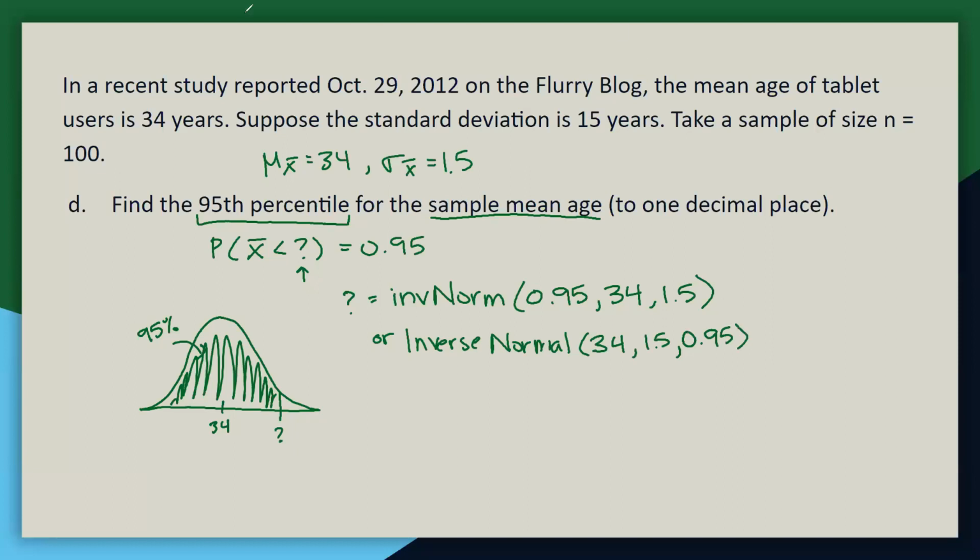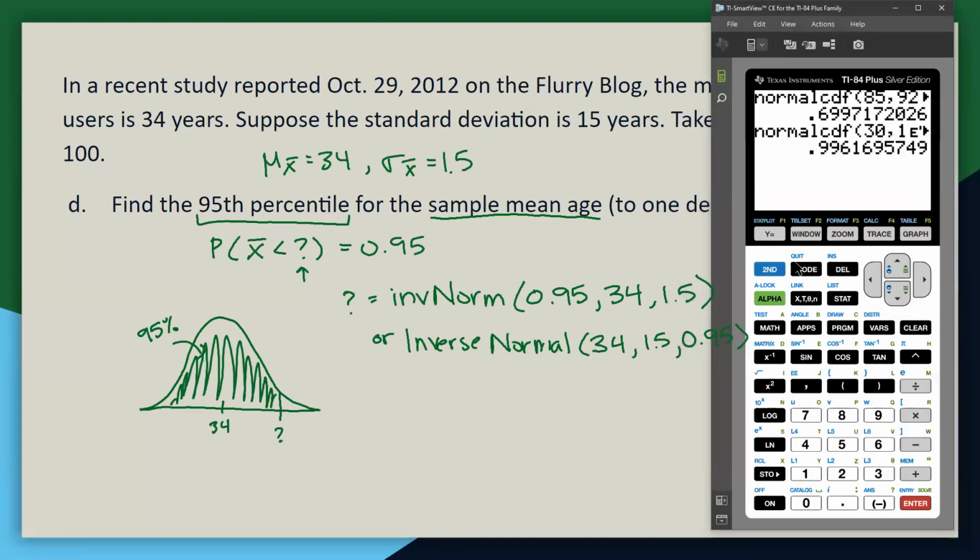So I'm going to, again, pull up my TI-84. We find inverse norm in the same menu we find normal CDF, so second vars, and it's option 3. And then 0.95, 34, and 1.5. And so we get 36 point, and they said round to 1 decimal place, so that would round up to 36.5.